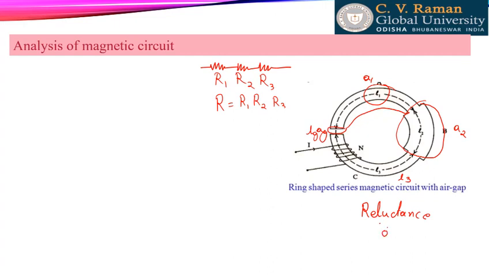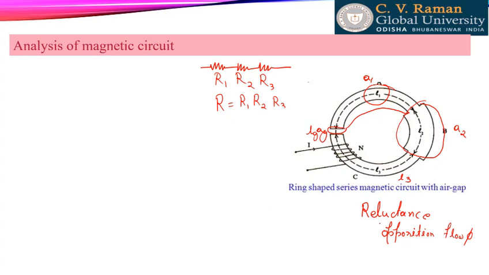Reluctance is the opposition to flow of flux. So here you can see different materials are connected, which means reluctances are connected.